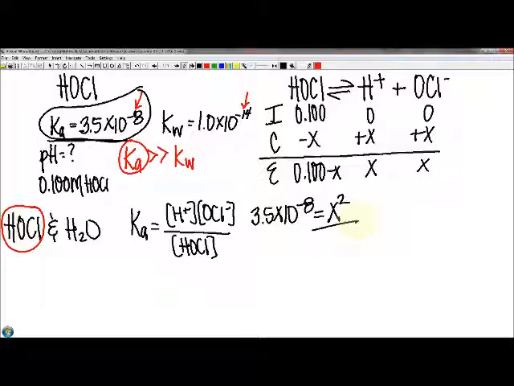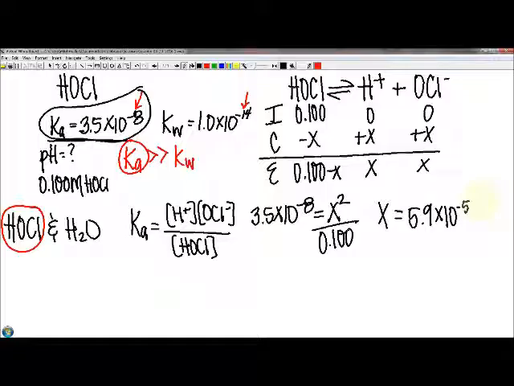And so on your assumptions, remember you take off anything that's added or subtracted x. So in the bottom, we would have 0.1 minus x. So I'm just going to take off the minus x, and I'm going to leave the 0.1. Okay? So now you got to do a little algebra, and you multiply it over the 0.1, and then square root that side to figure out that x is equal to 5.9 times 10 to the negative 5.